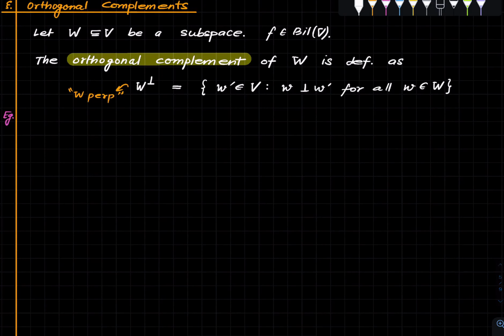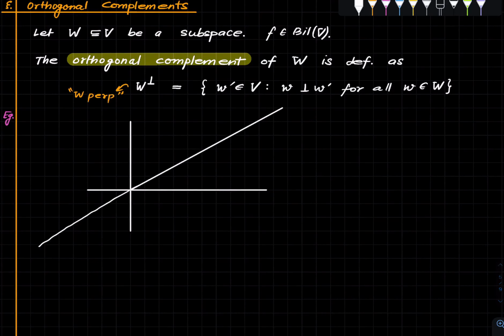And as an example, you can just again repeat the R2 example that I gave. So here you take some vector, maybe this is your subspace. So not just a vector, you have an entire subspace. So this is W. I hope the line is straight now.